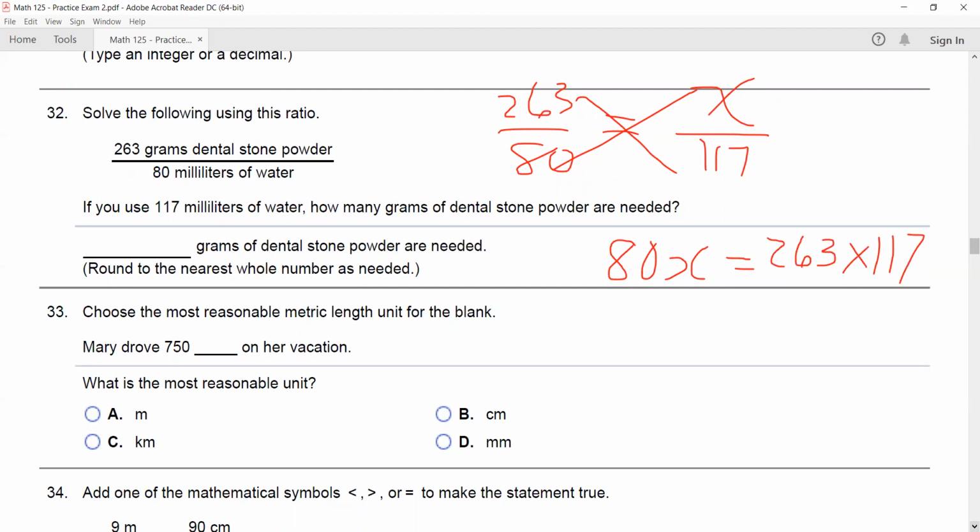263 times 117. So you have to pick up your calculator and solve this. 263 times 117, what does that give us? It's going to give us a very big number, I think. So I'm going to do that on the calculator real quick, and we'll see what we got.